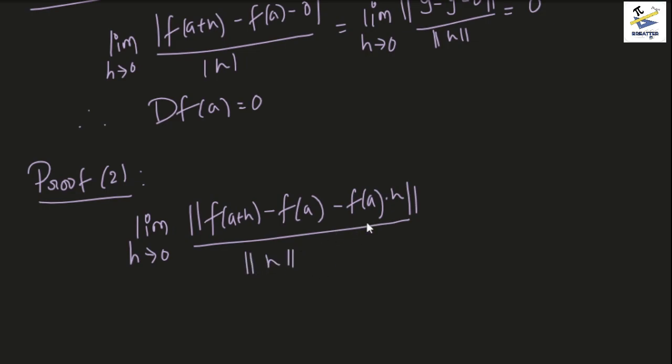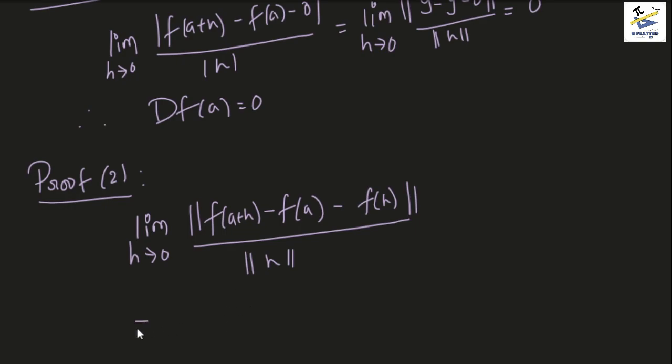So this should be the answer that we are looking for. And it shouldn't be f of a into h, it's basically f of h. So we can cut this part down, because when you have the function f and the derivative df of a, applied to h should be given by f of h. That is what we are trying to prove here.